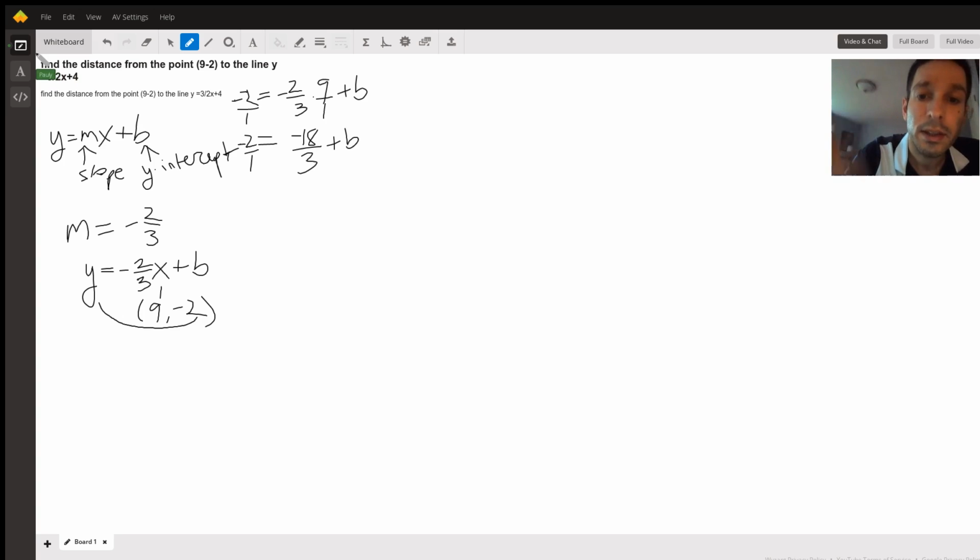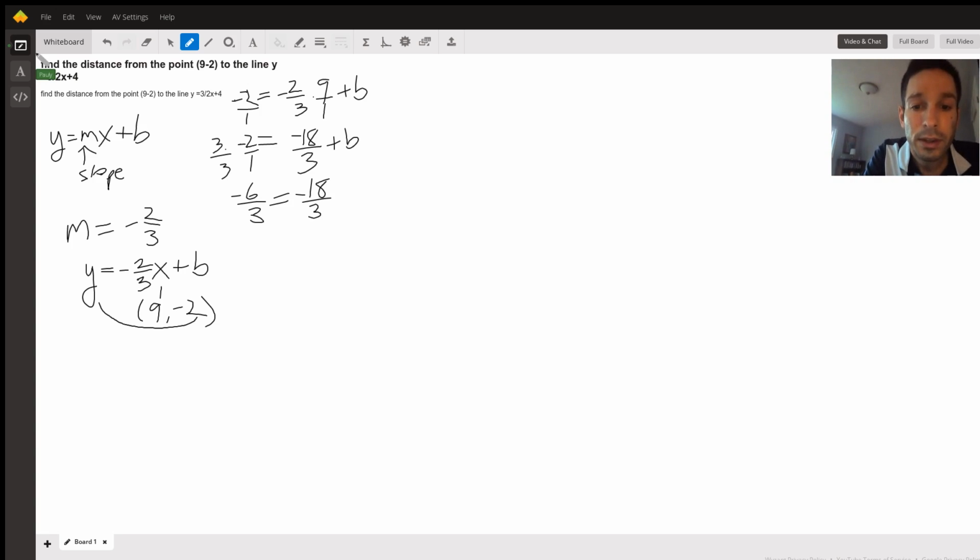Then we need to do inverse operations. We're going to add the 18/3 and move it over to the other side, but we're going to put the -2 in thirds. If we need -2 in thirds, we multiply it by 3/3. We're multiplying it by 1, so we're not changing anything, just getting it in terms of thirds. Tops by the tops, bottoms by the bottoms.